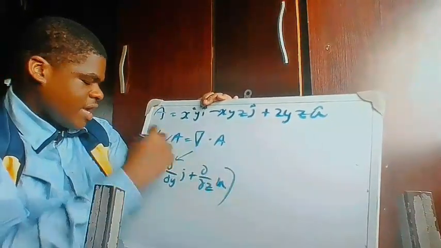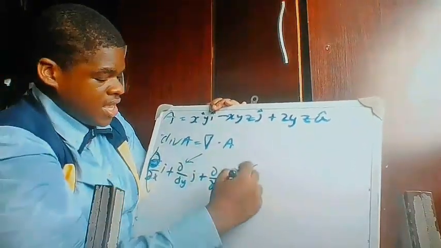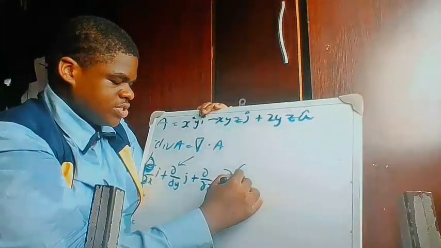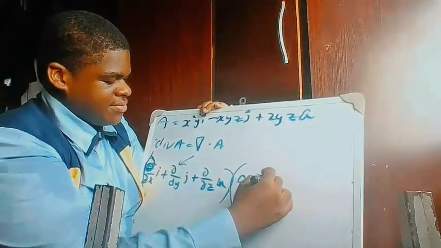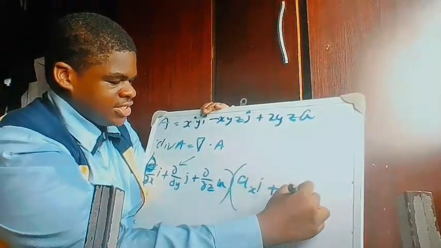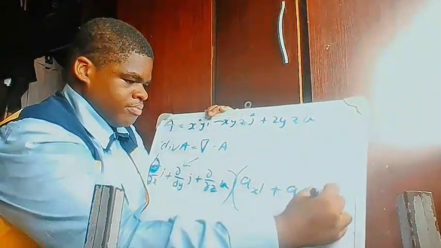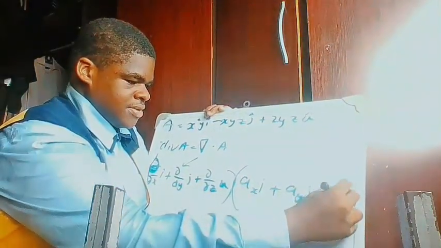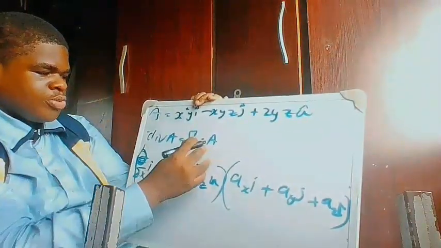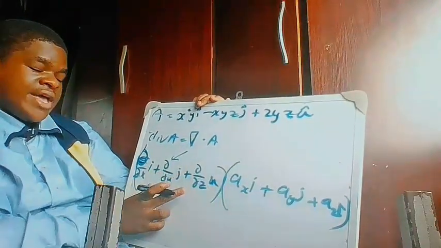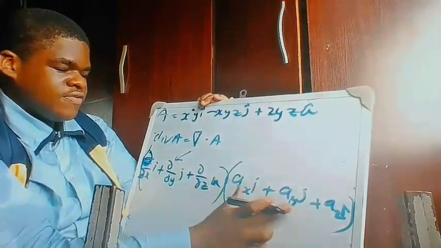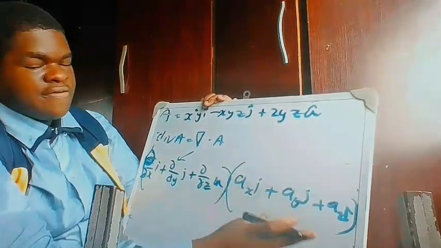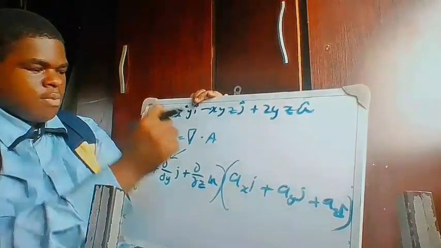I am multiplying this with a vector A, which we are going to just assume is Ax i plus Ay j plus Az k. Remember, when you are finding your dot product, you multiply the coefficient of i, plus you multiply the coefficient of j, plus you multiply the coefficient of k. So that's what we are going to do now. Multiply the coefficient of i's.